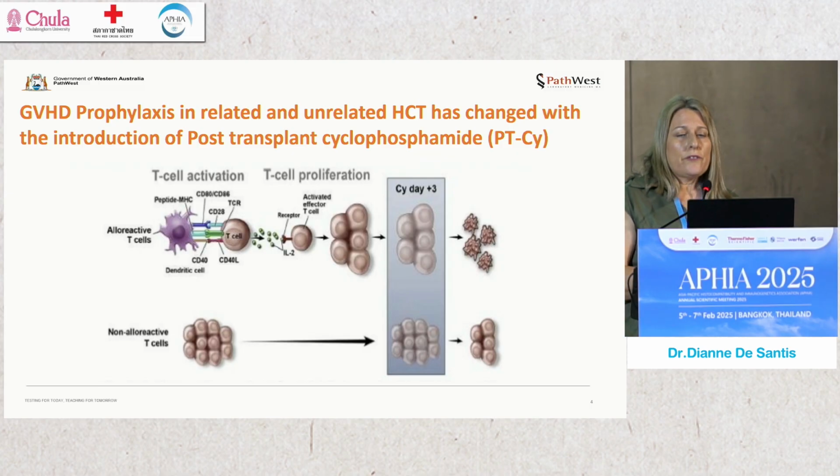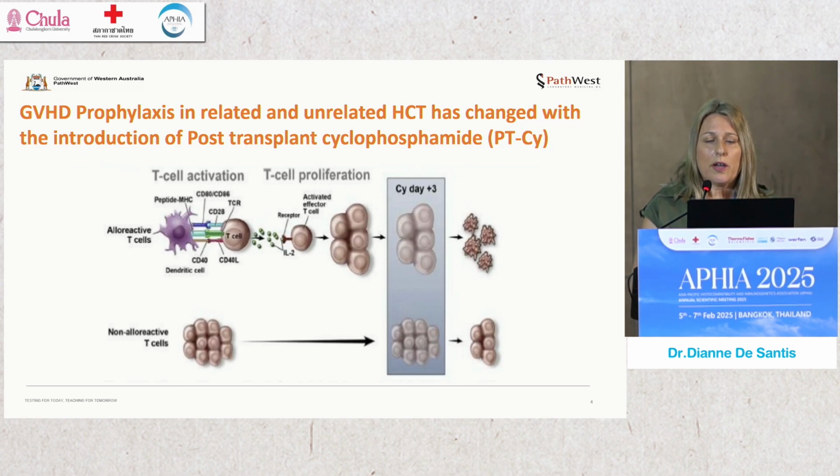So a large part of the change in donor source across the world is due to the introduction of post-transplant cyclophosphamide. So in 1999, Luznik and Fuchs at Johns Hopkins University pioneered the use of high-dose cyclophosphamide after haploidentical transplant to prevent graft-versus-host disease. So activated T cells are relatively more sensitive to the effects of cyclophosphamide compared to resting T cells.